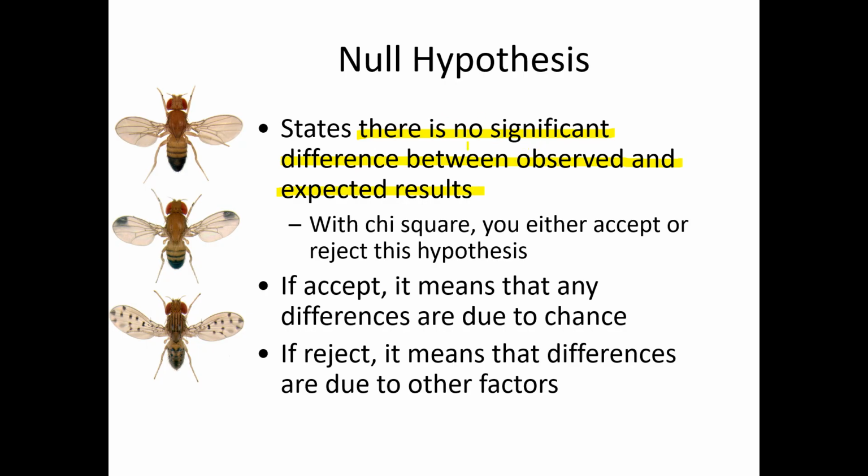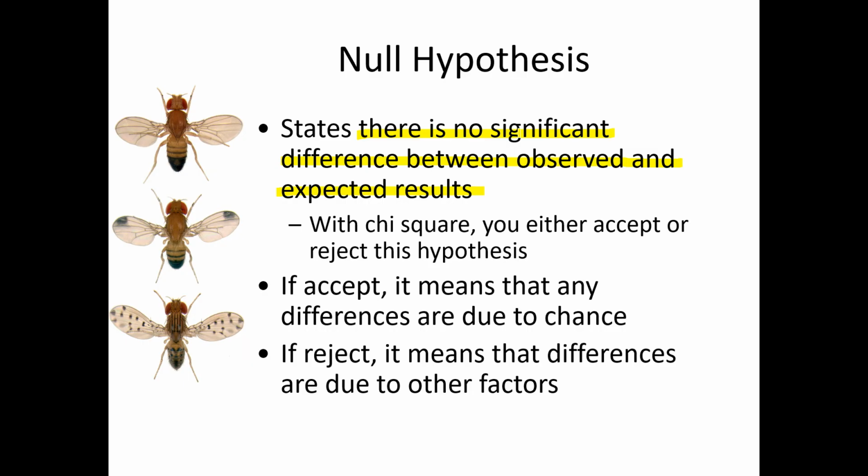If we accept this hypothesis, that means that our numbers, our ratios were close enough to the expected ratio, and therefore we're essentially going to accept that that is the inheritance pattern, okay? Or if we reject this hypothesis, we're saying there is a significant difference, and therefore that must not be our inheritance pattern.